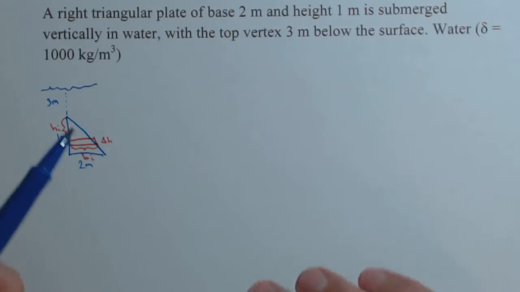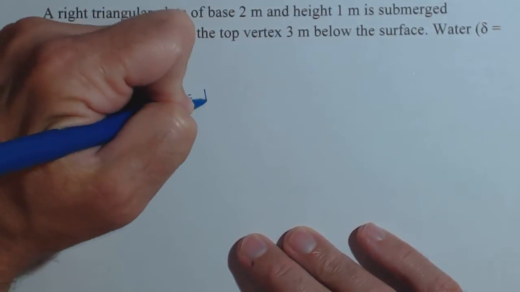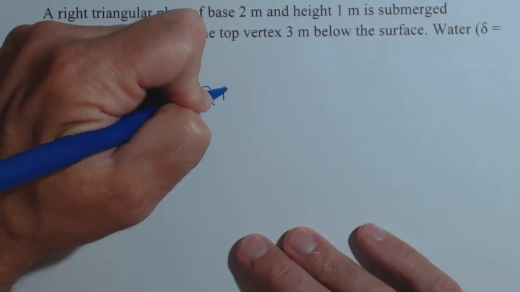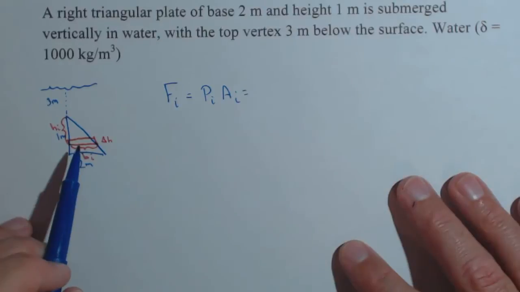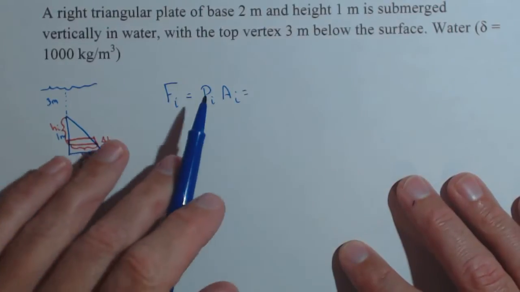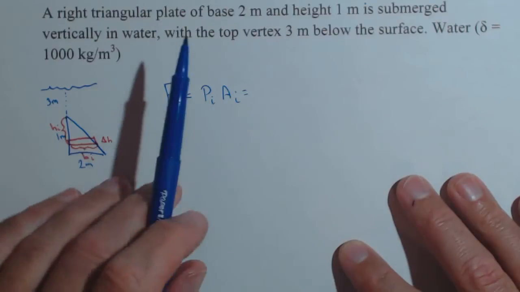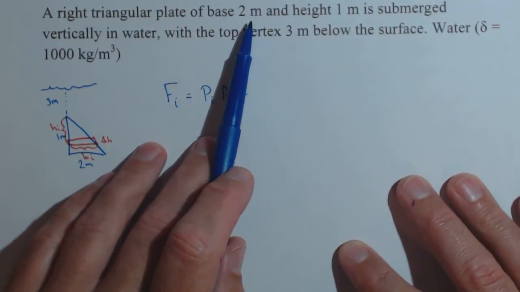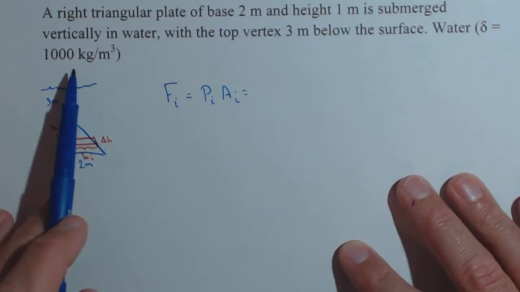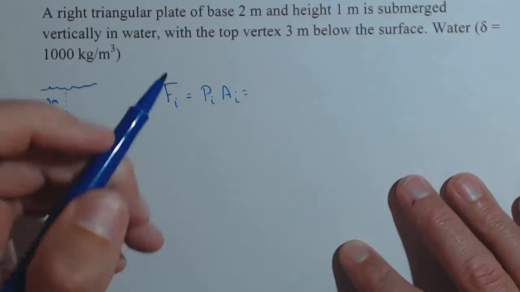So I've got my drawing labeled, and you're going to see how these come in here in a second. The force on the ith slice is the pressure on the ith slice times the area on the ith slice. Now, the pressure on the ith slice is determined by its depth. And since we are in standard units, because we're given this in meters, and notice our density is in kilograms per cubic meter, we have to multiply by gravity.